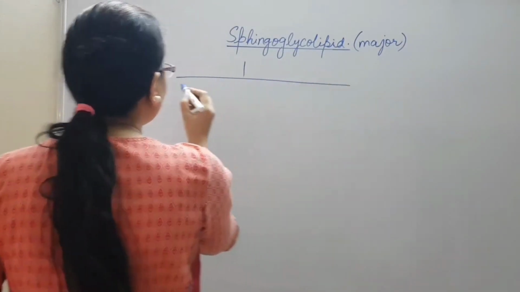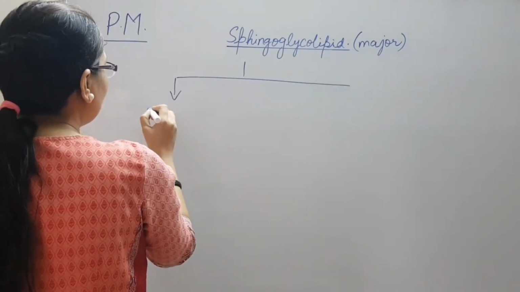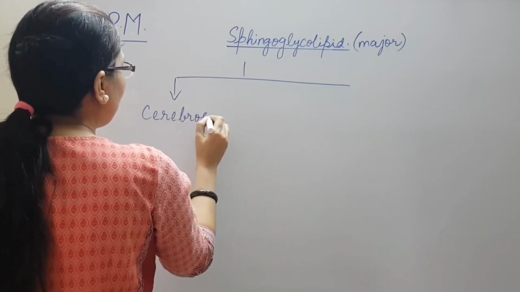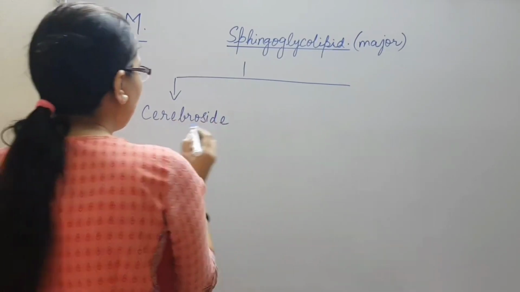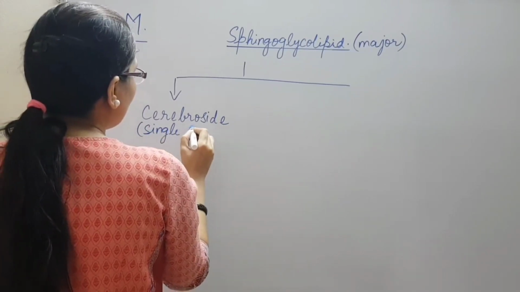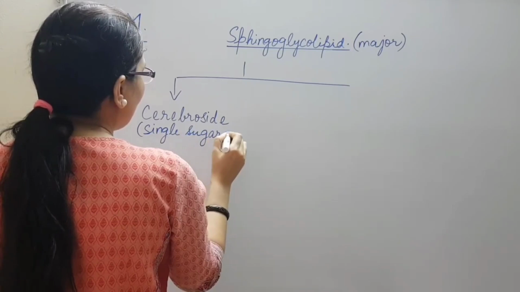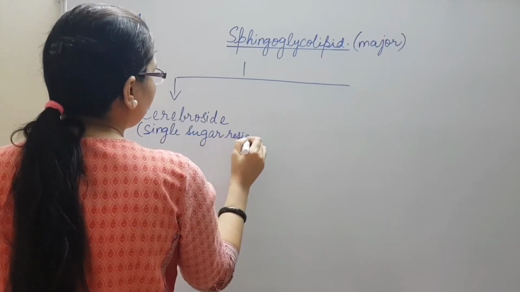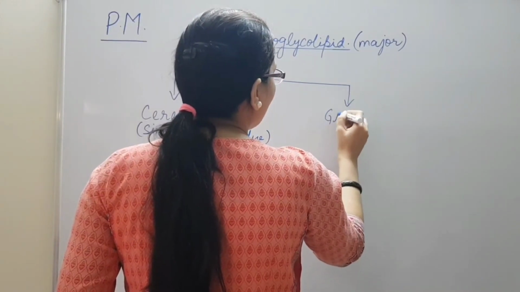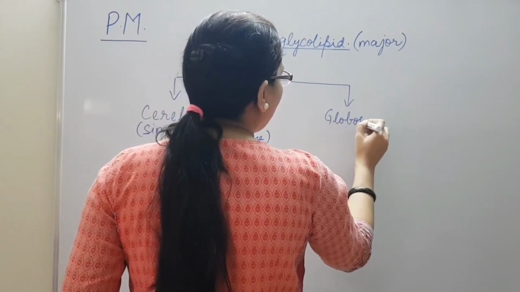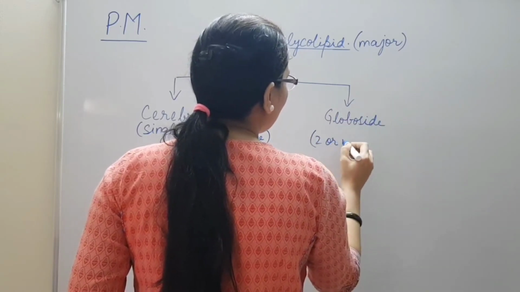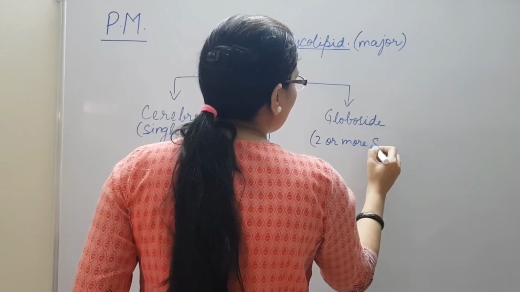It is then classified into cerebroside, containing a single sugar residue, and globoside, which contains 2 or more sugar residues.